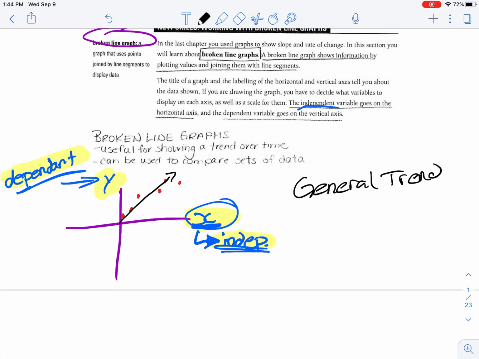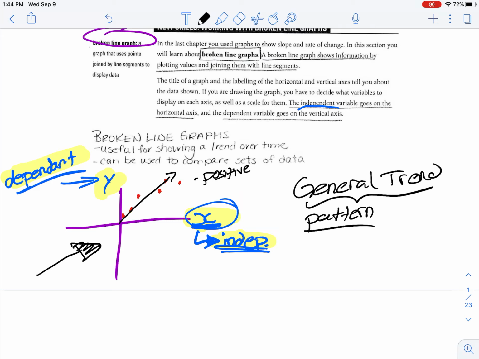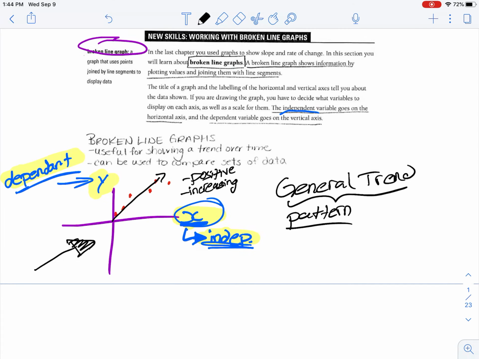Okay, general trend, what does that mean? It kind of shows a pattern. Okay, so when you have good statistics, hopefully you can see some patterns. So this one we could say is a positive, okay, and it is increasing, right? As we go to the right, it gets bigger and bigger and bigger.